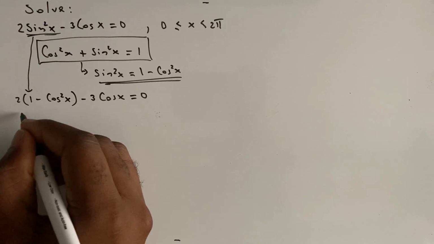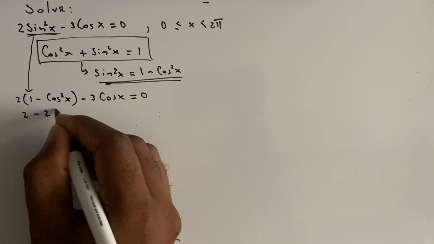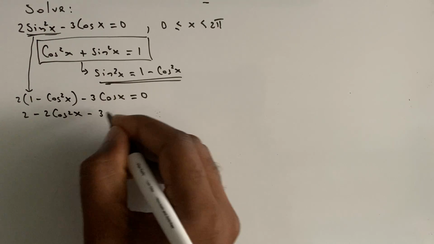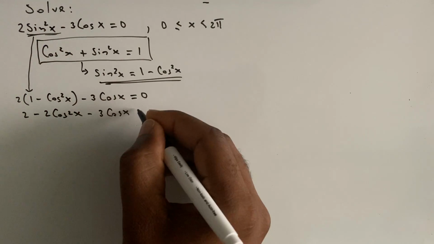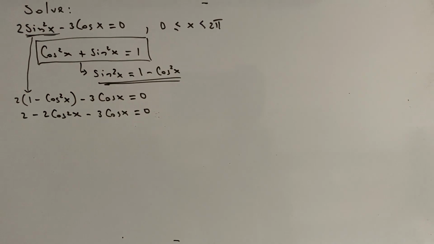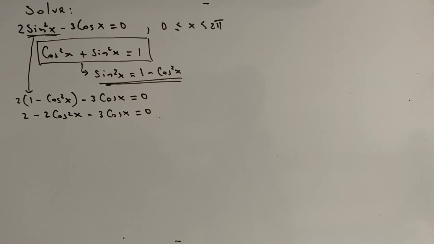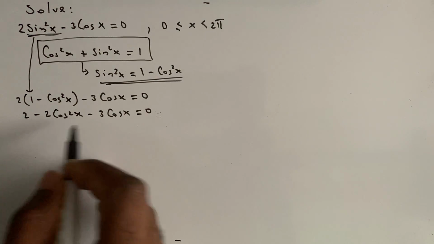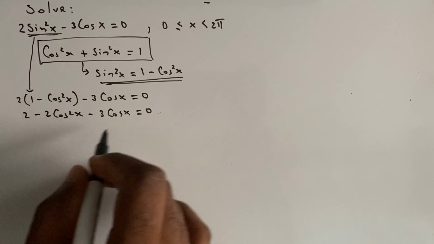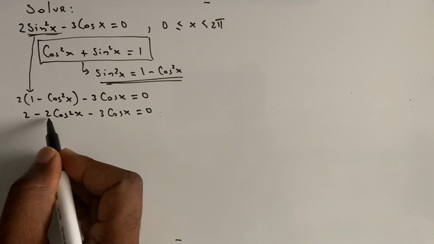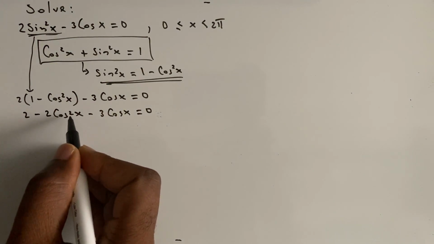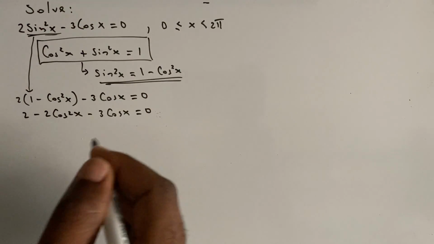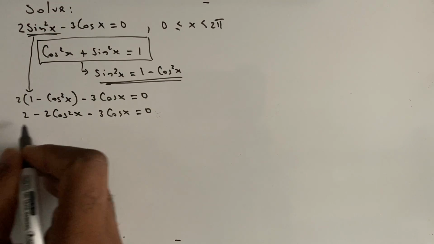Now I can distribute here. I have 2 minus 2 cosine squared x minus 3 cosine x equals 0. Again, we're still good here. So now I can try to move everything to one side. Since this is negative 2 cosine squared x, I can just multiply everything by negative 1.